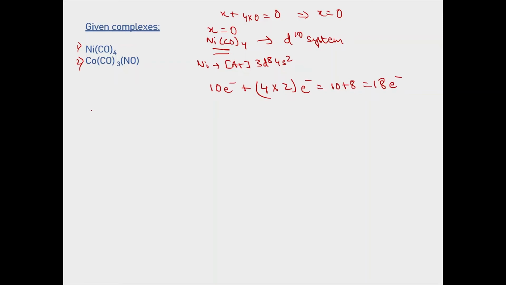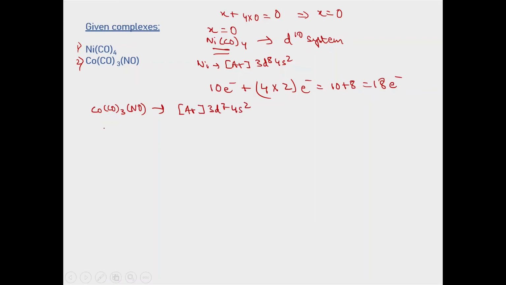Now we will check for the cobalt complex. Here also, we know that cobalt has an electronic configuration of 3d7 4s2.